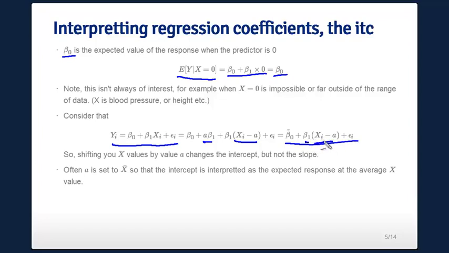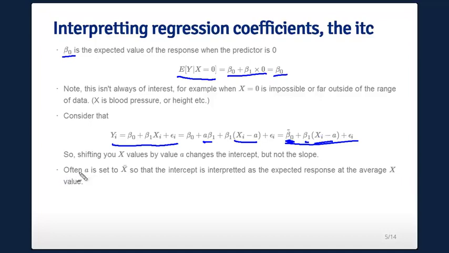So the slope hasn't changed, but the intercept has changed. Now the intercept is what you would interpret when this new variable x_i minus a is 0, or in other words, when x_i actually takes on the value a. So if you take your regressors and shift them by value a, that simply changes the interpretation of the intercept, but it won't change your slope.